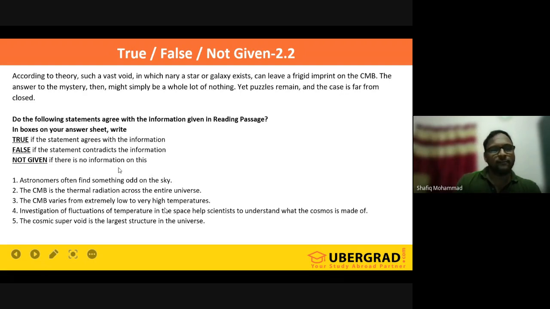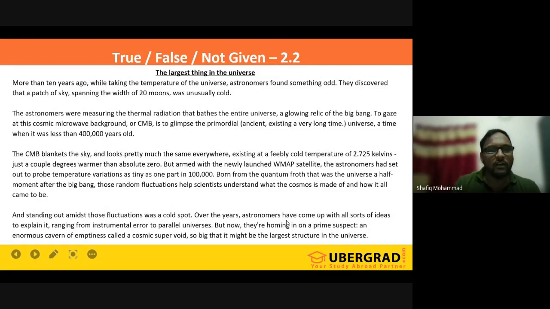Okay. Then the fourth one: investigation of fluctuations of temperature in the space helps scientists to understand what the cosmos is made of. So obviously, it is 100% true, because the scientists are trying to discover the things which are there in the universe or in the cosmos, right? So it is there in the second paragraph and third paragraph.